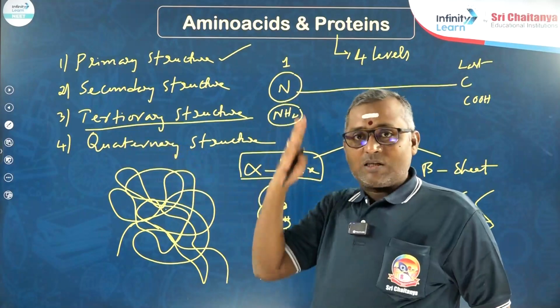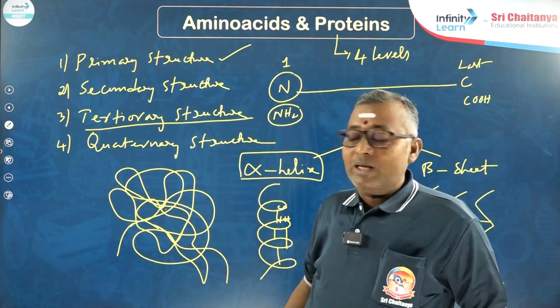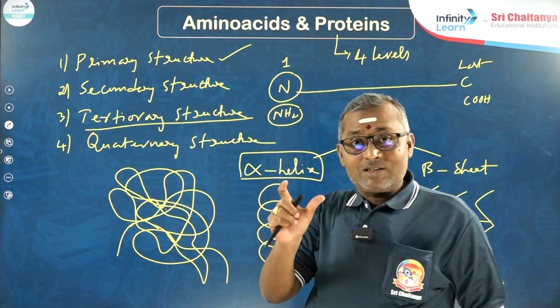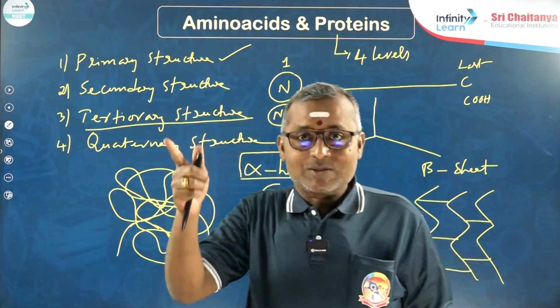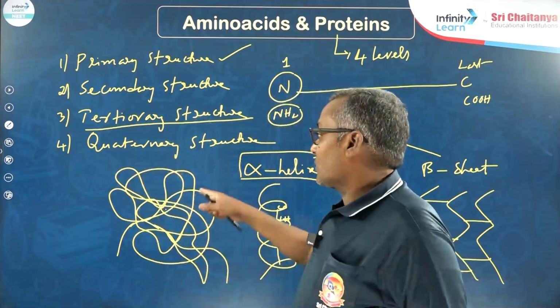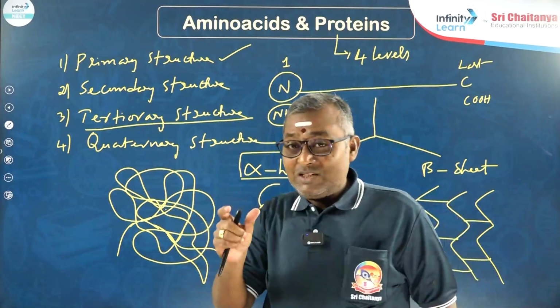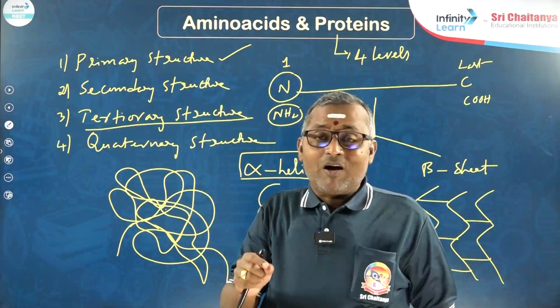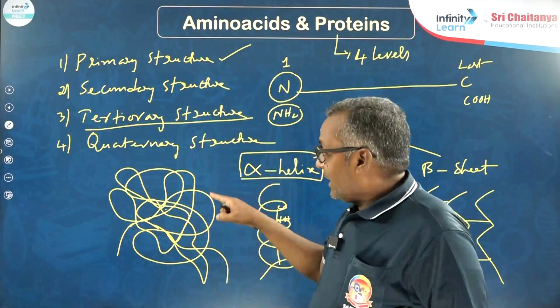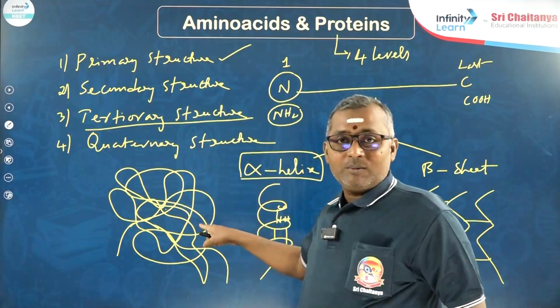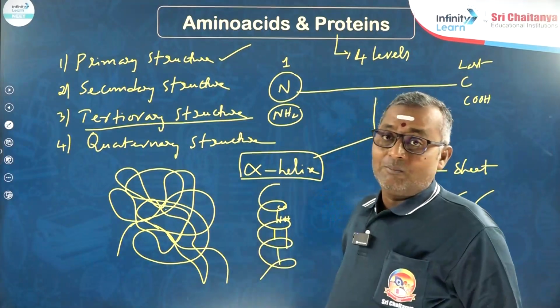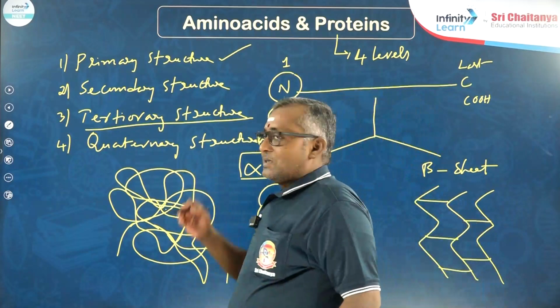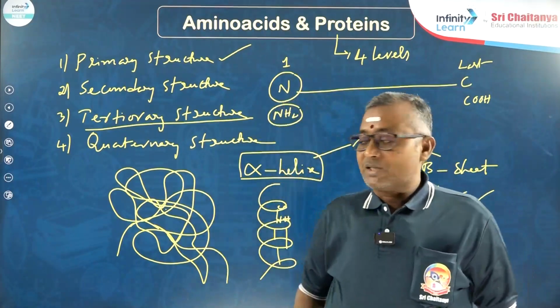But most of the biological functions in our body are under the control of the tertiary structure of a protein, because most of the enzymes are also in the tertiary form. This tertiary structure results in the formation of active sites in the enzymes. Therefore, tertiary structure is essential to carry out various biological functions. This is what you can see with regard to the tertiary structure.